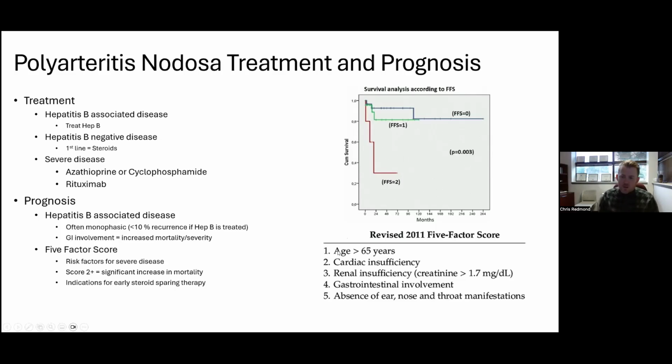If you had one of these, it's still higher. You at 2 years, usually about 20% mortality, but that kind of levels off. 2 or more, though, you have a significant increase in mortality or decrease in survival, especially at 2 years. So these are the patients you would watch very closely. Consider those kind of more aggressive rheumatologic medications.